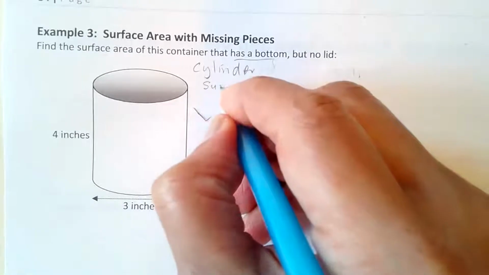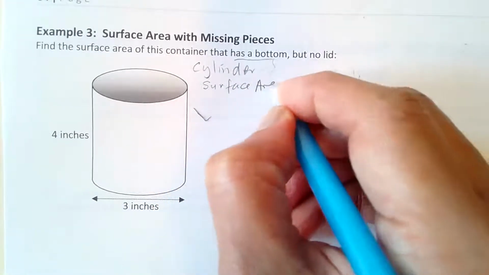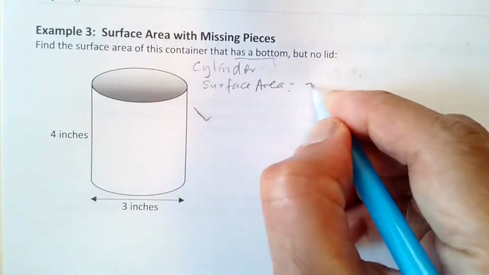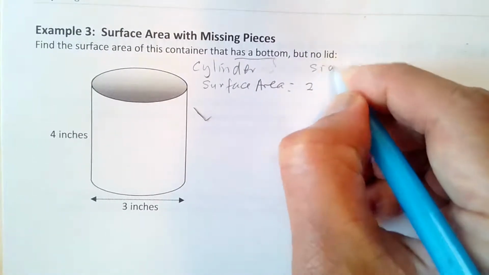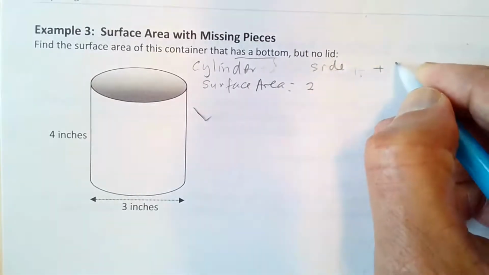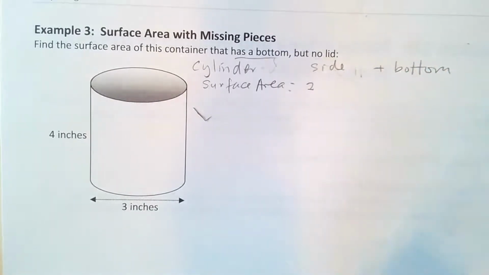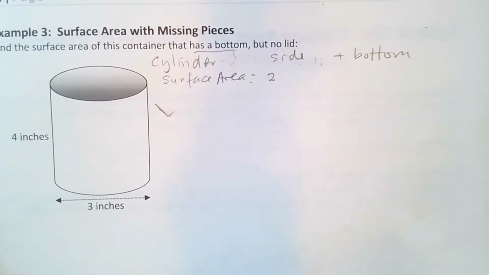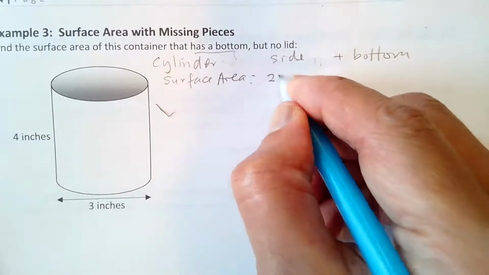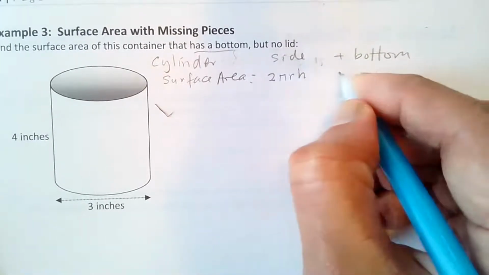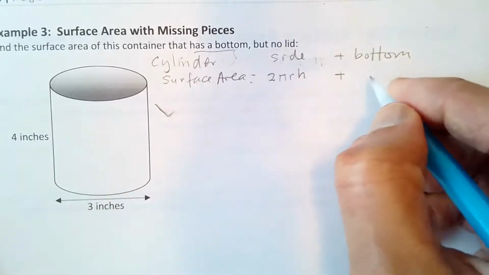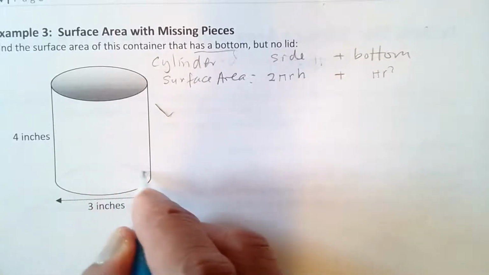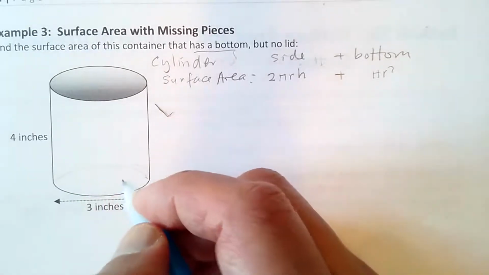So surface area, we look at the side first, plus the bottom. So 2 pi r times the height plus the bottom, which is going to give me pi r squared, because it's only a circle here at the bottom. So we find the area of the circle and the sides of it.